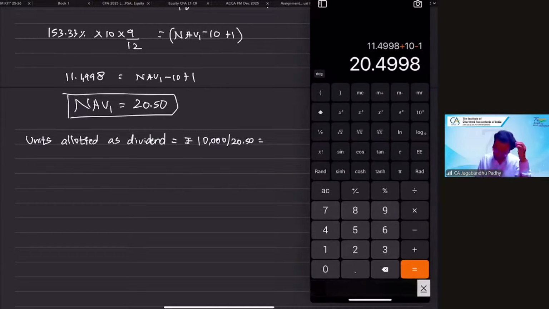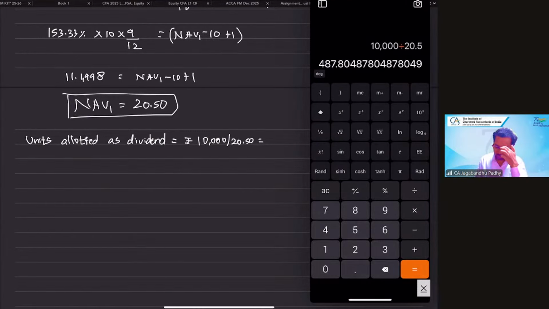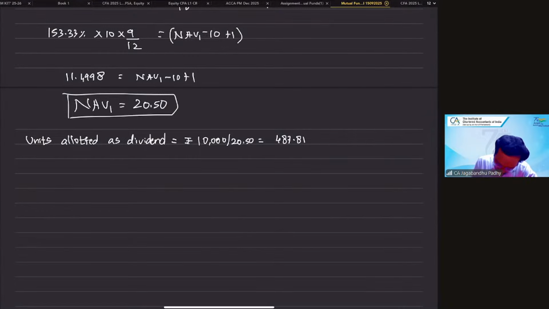So how much is this? 10,000 divided by 20.5 is 487.81.